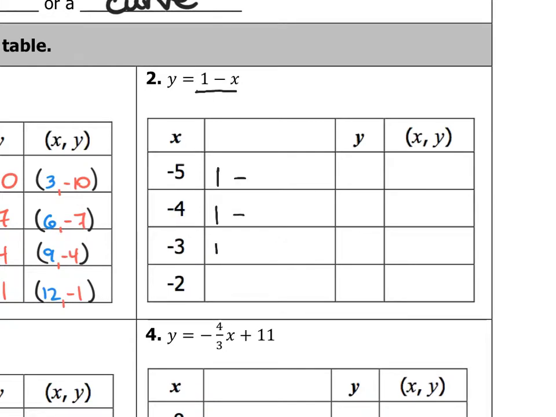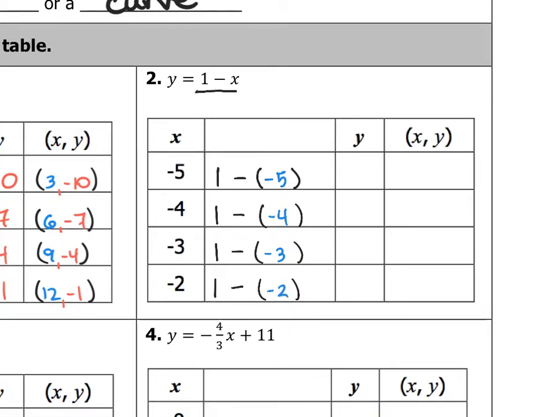Since I'm subtracting a negative here, 1 minus negative 5, I'm going to put that negative in parentheses. So when I'm substituting in x, this becomes 1 minus negative 5. And the same thing is going to be true for the others. I have 1 minus negative 4, 1 minus negative 3, and 1 minus negative 2.